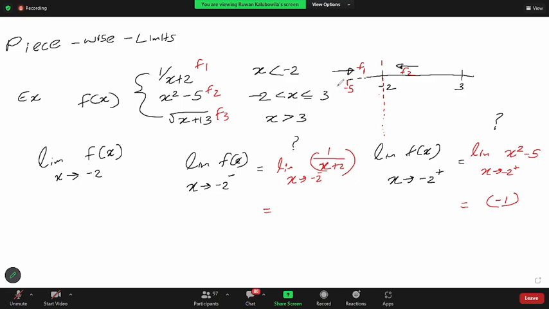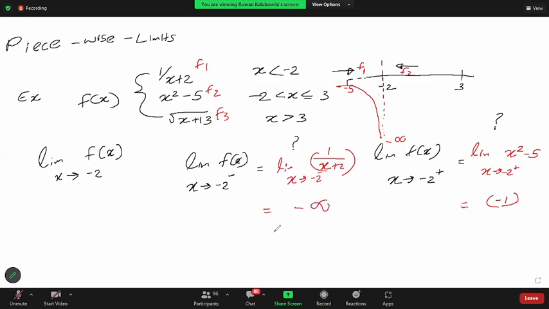So you can understand how the graph goes to infinity: it comes from the negative end and goes to negative infinity. We can draw the graph like this, but from the right end it converges to minus 1. That means it has a limit, but these two are not equal.